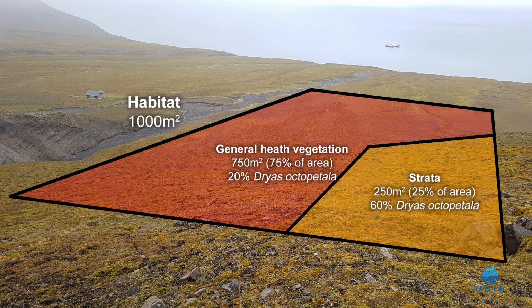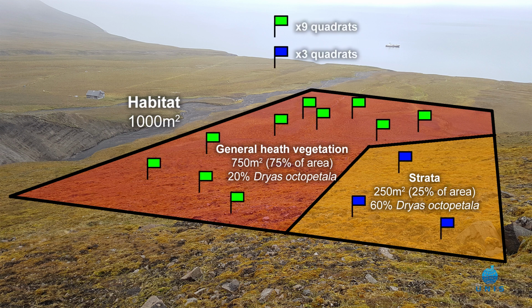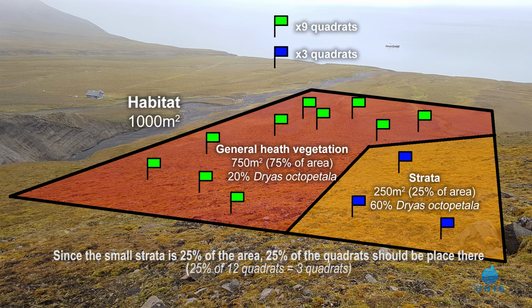In the more sheltered heath tundra, occupying 75% of our habitat, we find 20% Dryas, whereas in the more exposed heath tundra, occupying 25% of our habitat, we find 60% Dryas. We want to do 12 quadrats, so to make up for this difference, we will specifically place 3 of our quadrats randomly in the smallest stratum, and the rest randomly in the larger stratum.